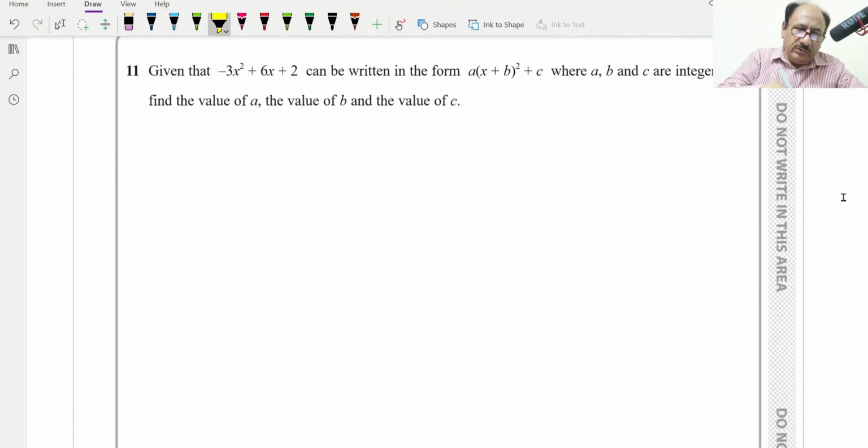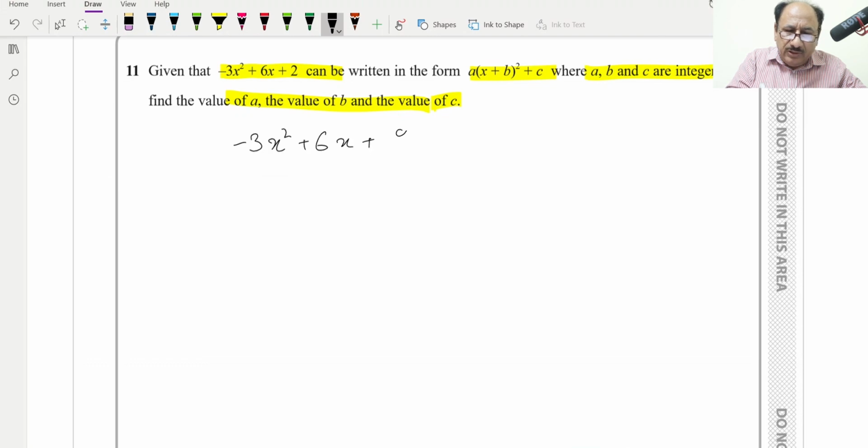Question number 11, given that this expression is provided, can be written in the form of this one. This is basically a completing the square question. A, B, C are integers. Find the value of A and B, and the value of C also we have to find. So the strategy for these types of questions, I think you know, but I will explain again.